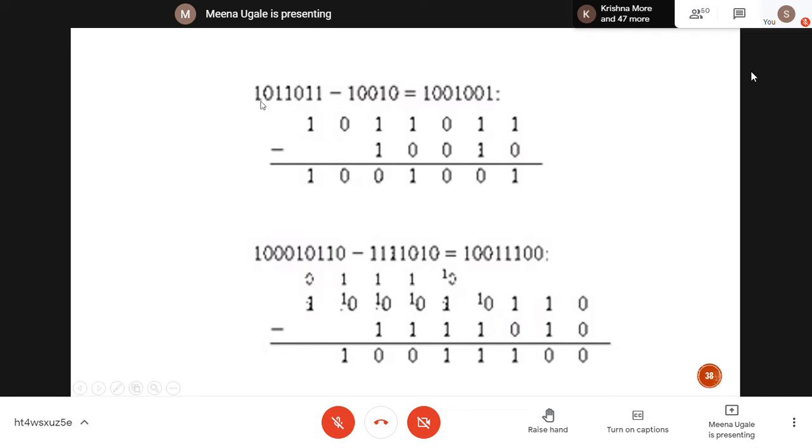Note down this first example. Similarly, you note down the second example and you try it yourself. You try yourself and then check, verify your answer is correct or not.